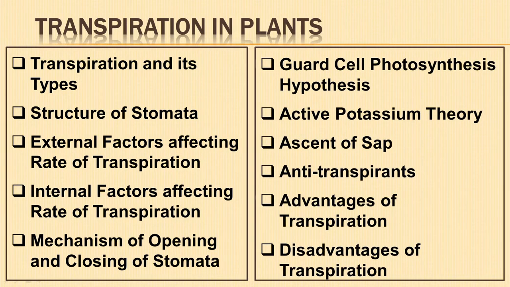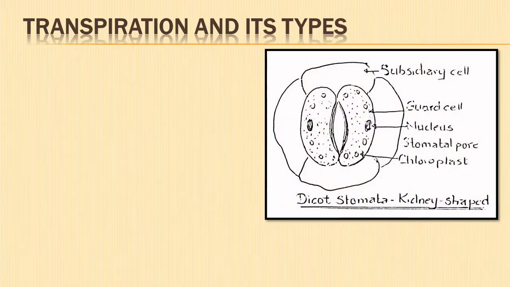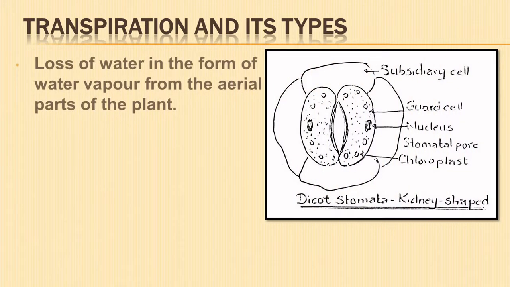By the end of this video, you will have a clear understanding about different types of transpiration, structure of stomata, external and internal factors affecting rate of transpiration, ascent of sap, opening and closing of stomata, active potassium theory, advantages and disadvantages of transpiration. Let us start with transpiration and its types.